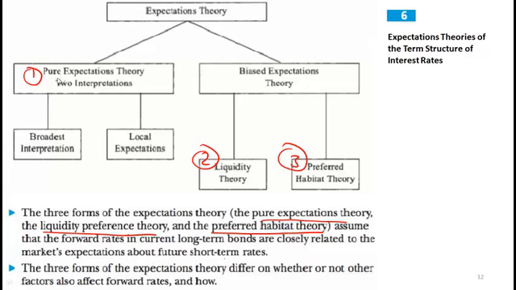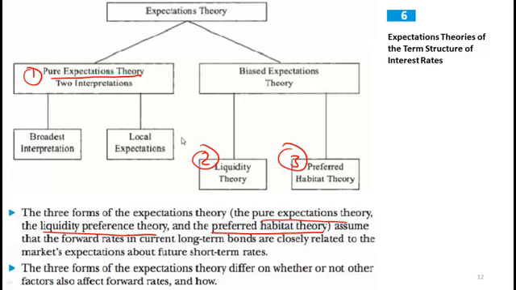Let's first talk about the pure expectations theory. At a very basic level, what pure expectations theory says is that the yield on long-term bonds is based on our expectations about interest rates in the future.